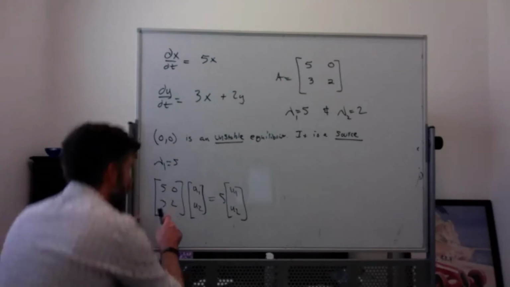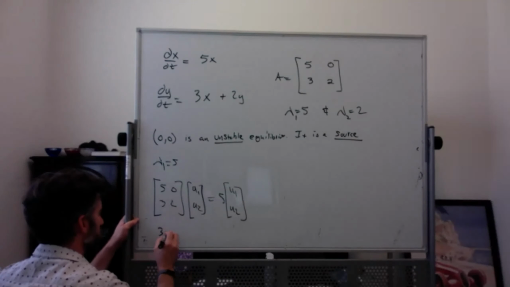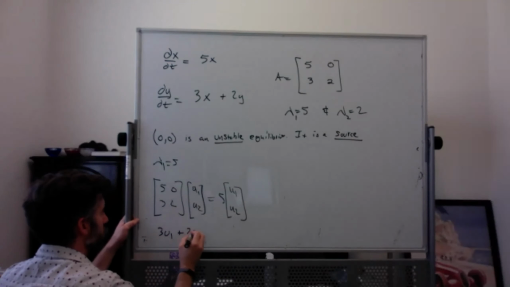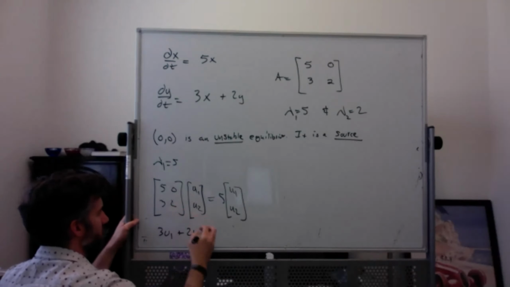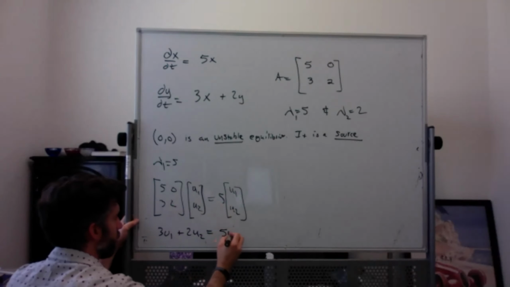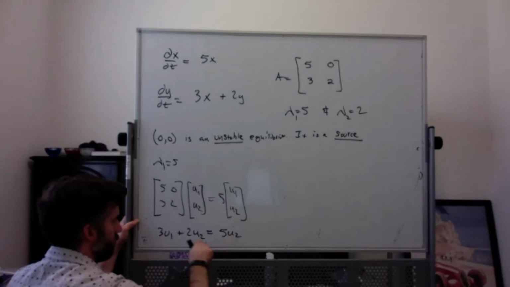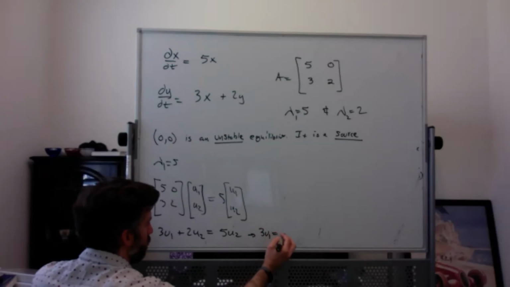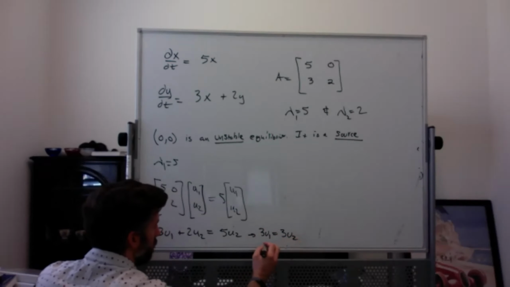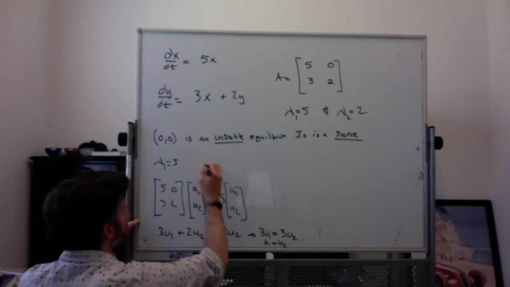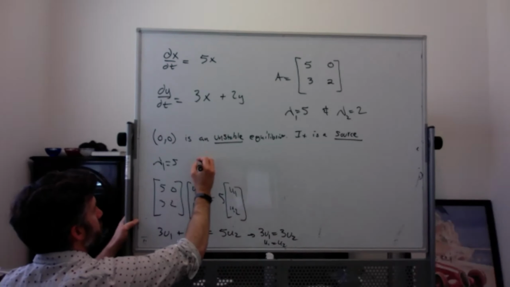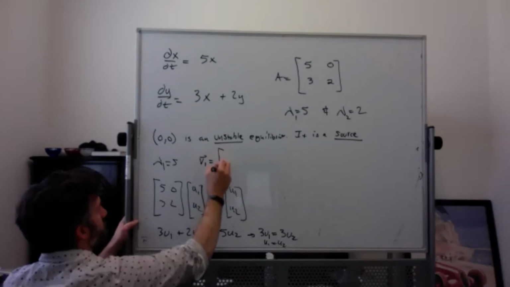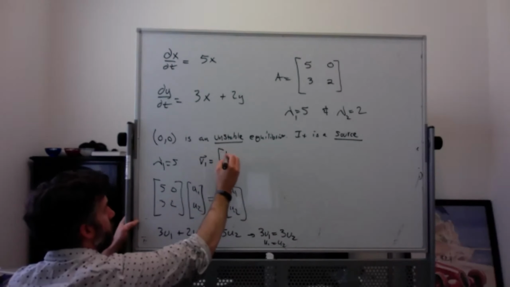Looking at the second row, I have 3 times u1 plus 2 times u2 equal to 5 times u2. And subtracting through the 2 for u2 here, I have 3u1 equal to 3u2, which means u1 equals u2. So it looks like my eigenvector is going to be (1, 1).